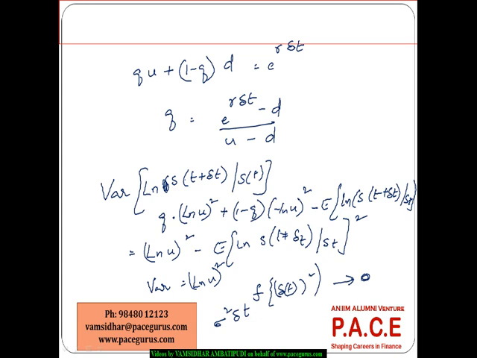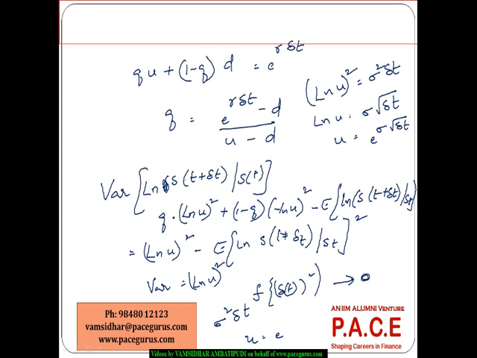So from here, log u squared, the variance, I equate to sigma squared times delta t. So log u will become sigma times square root of delta t, and u will become e to the power of sigma root delta t.